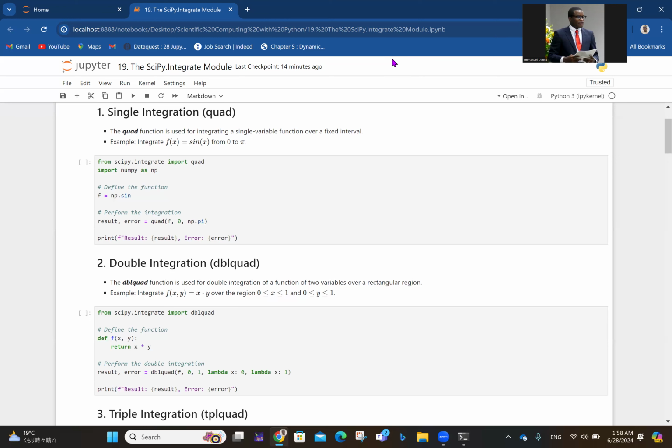To integrate f of x equals sine x: if you differentiate sine x, you get cos x, but if you differentiate cos x, you get minus sine x. So that means that if you integrate sine x, you get minus cos x.